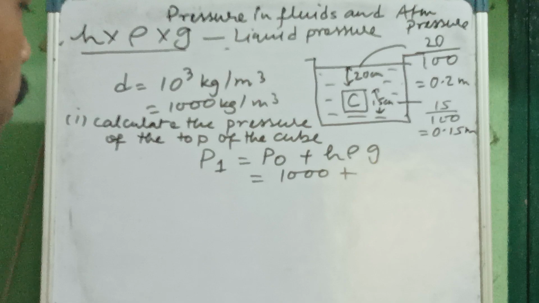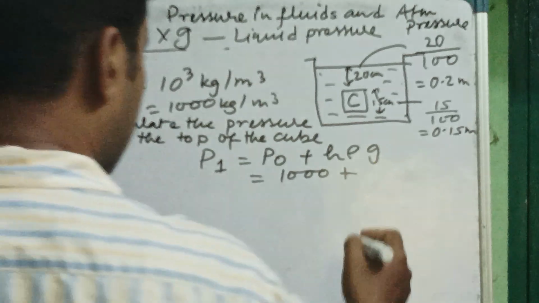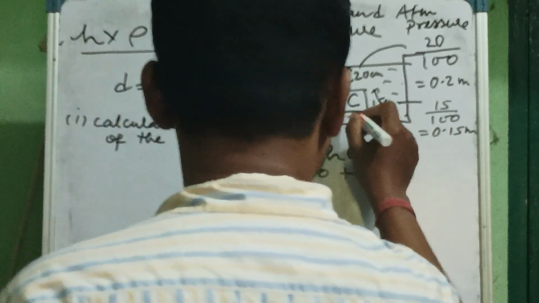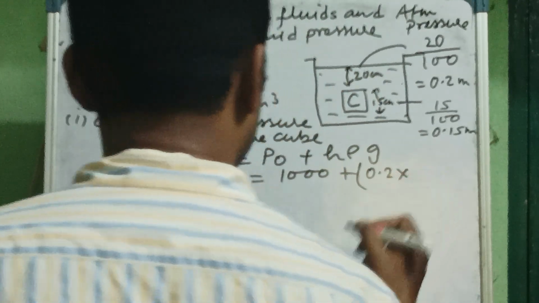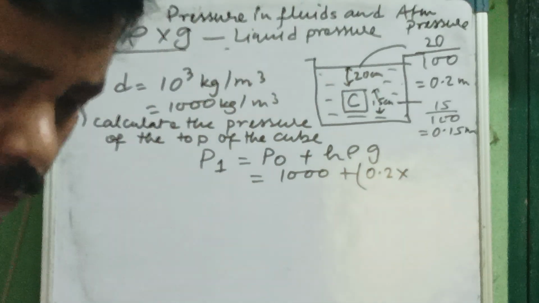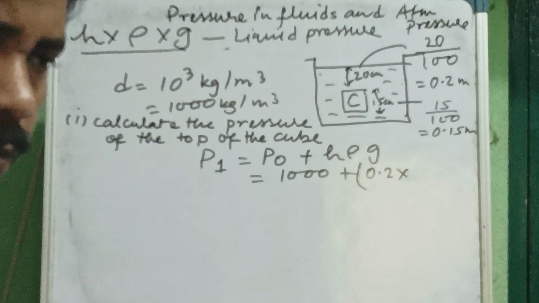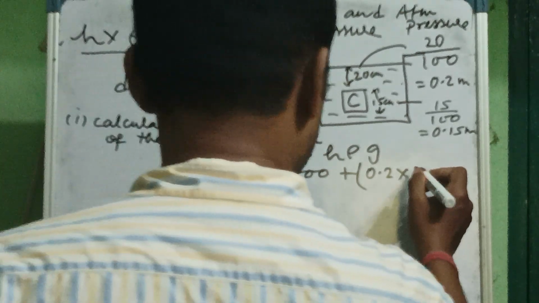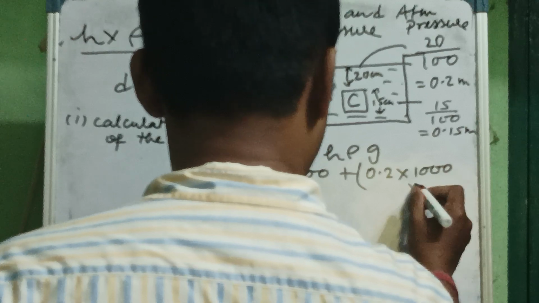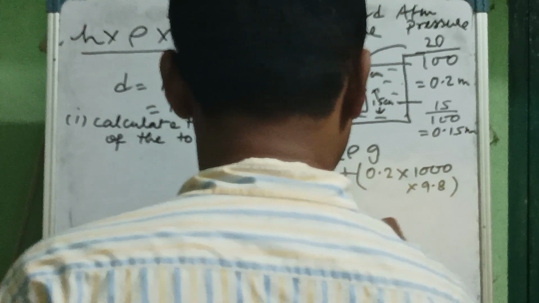So here we can write the height below the level, that is 0.2, within bracket density of the water 10 to the power 3, that is 1000, and the acceleration due to gravity 9.8.